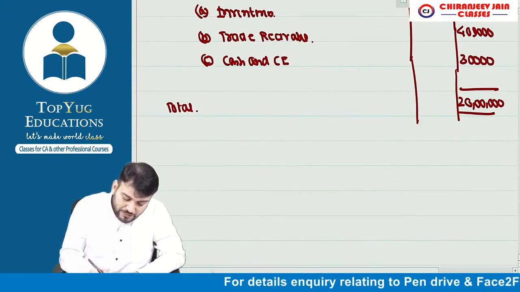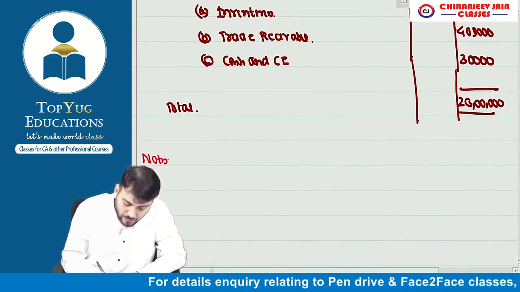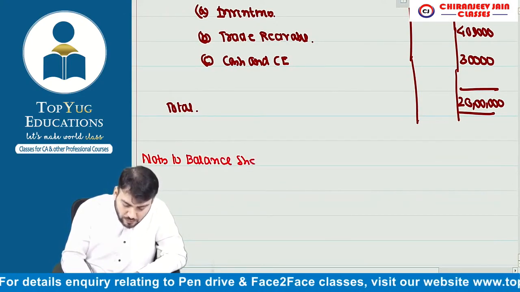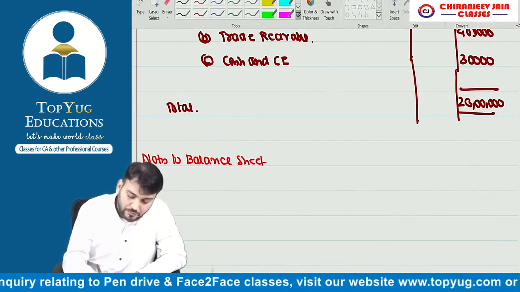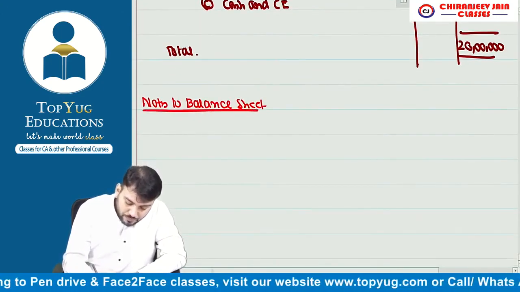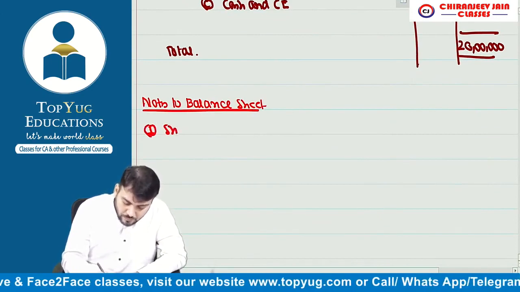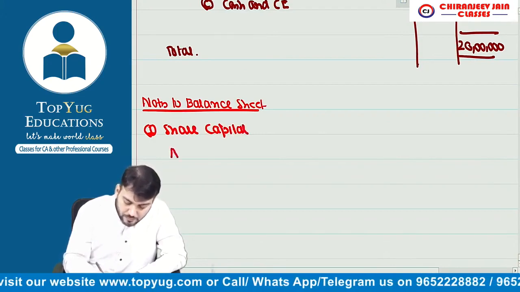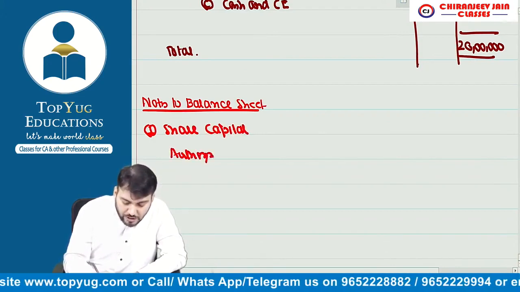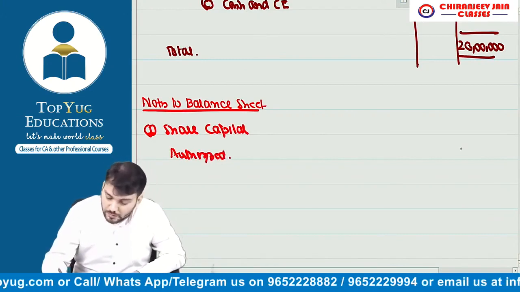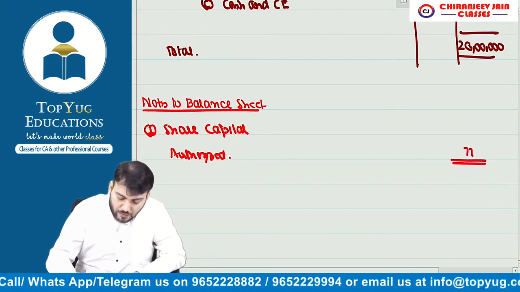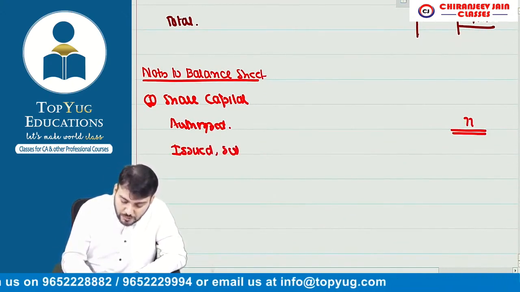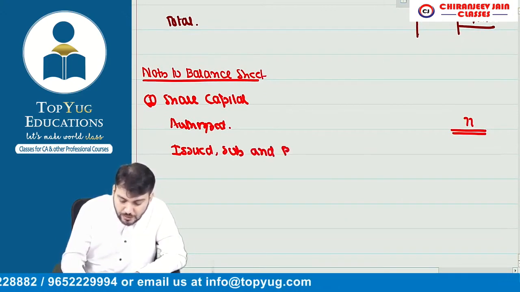Then prepare notes to balance sheet. Only one note will be given, for share capital. Authorized is not known to us. Then issued, subscribed and paid up.